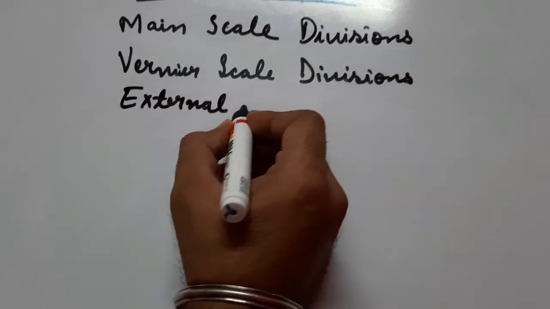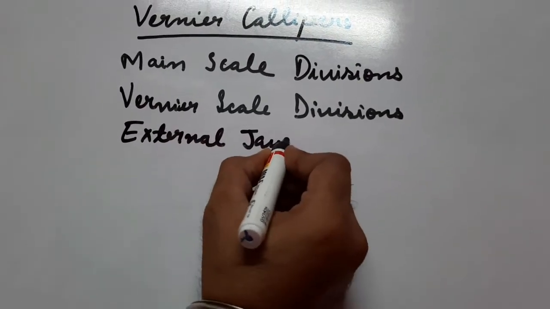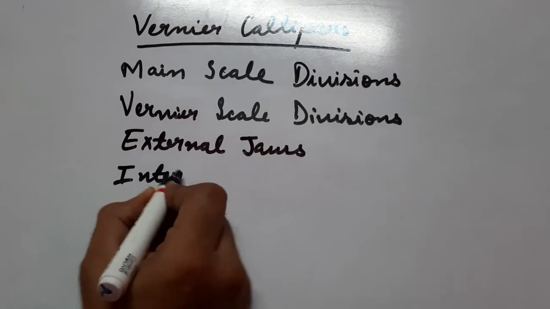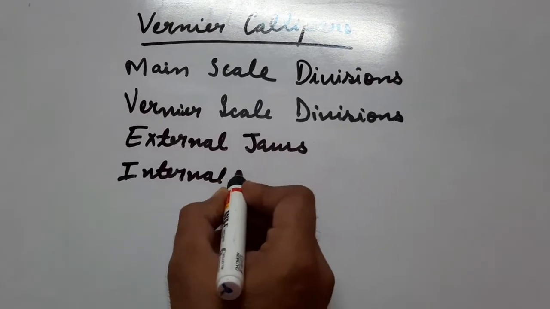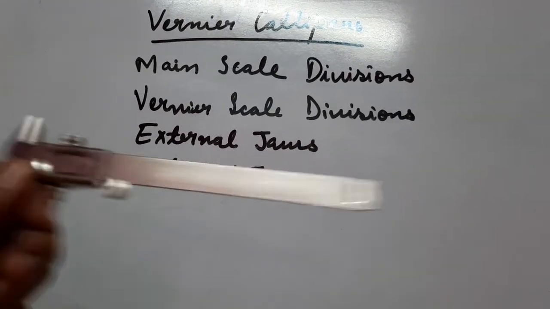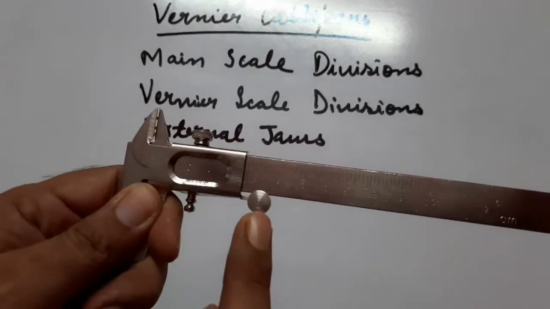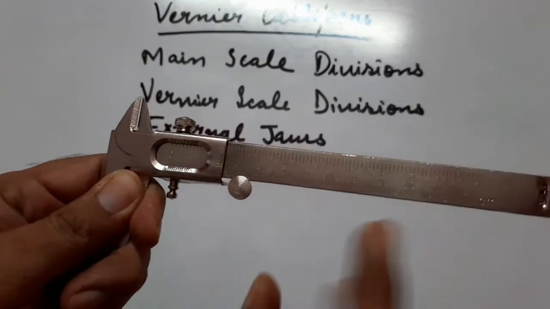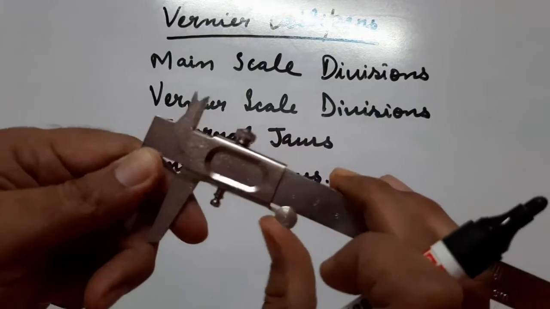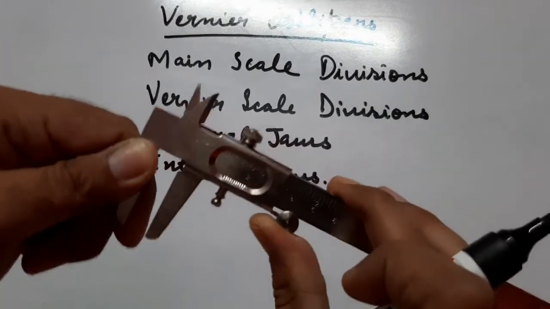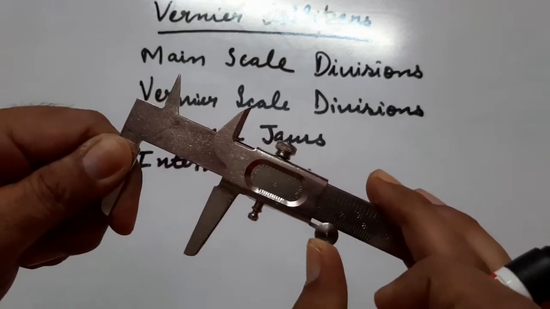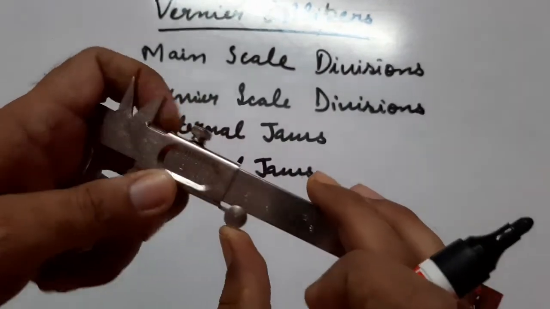Further, there is a button. This is used to move this vernier scale over this main scale easily. So this is called the button.